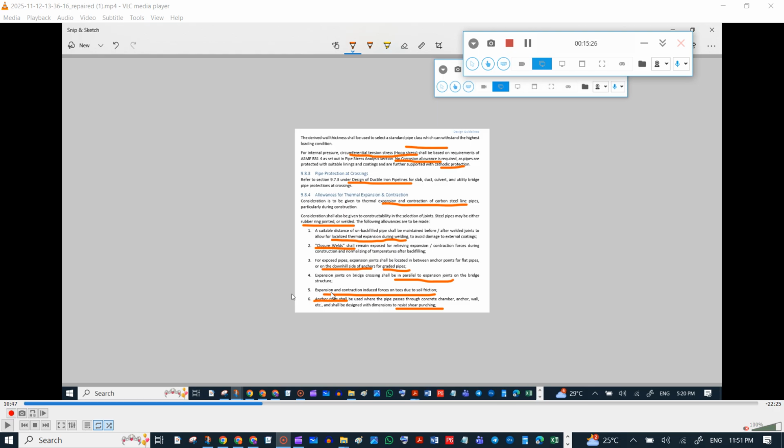Fifth, due to side friction and soil friction, we have to consider expansion and contraction induced forces on the pipes. Then anchor rings, that is, petal flanges, shall be used where the pipe passes through the concrete chamber, anchor block, etc., and shall be designed with dimensions to resist shear punching.